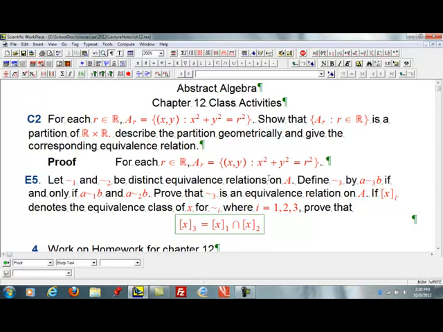So what we're going to do, which one do you want to show first? Mutually disjoint, or the union of them is equal to the whole plane? How do you show mutually disjoint? You get two sets, right?